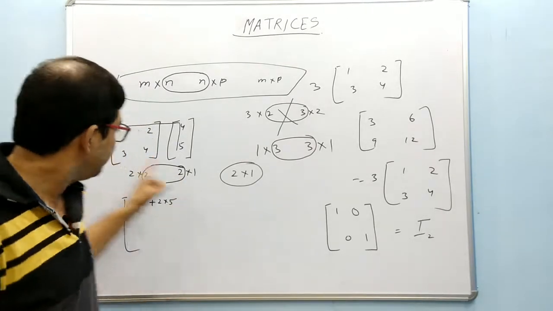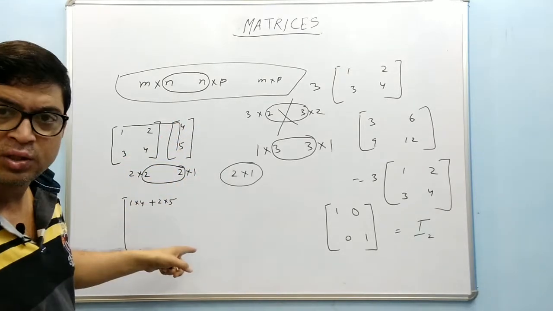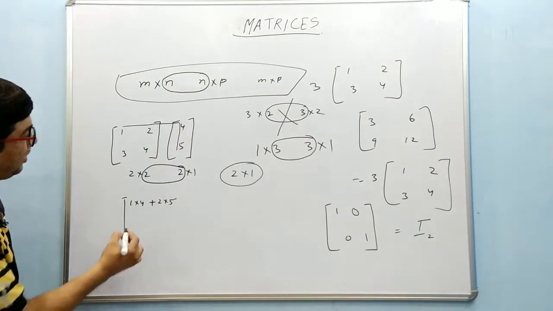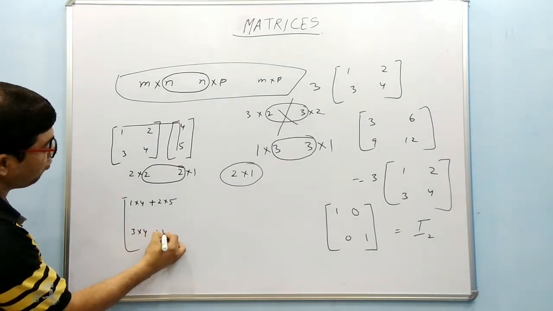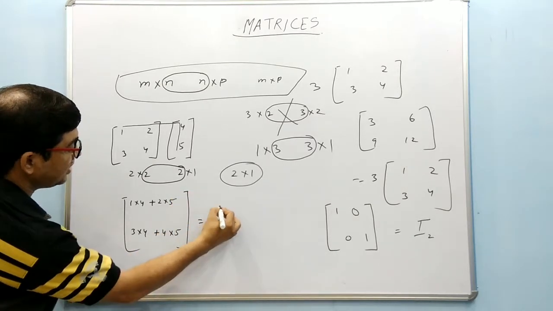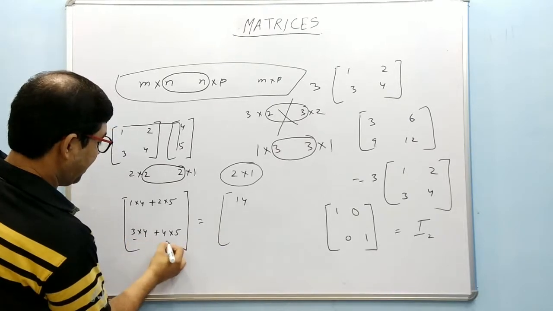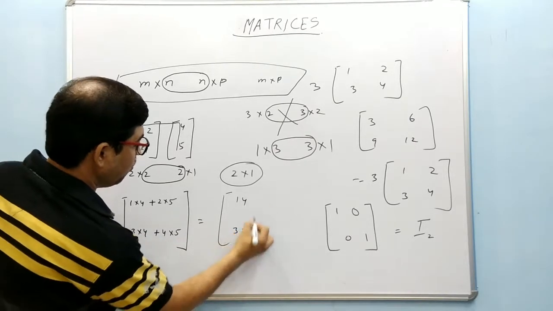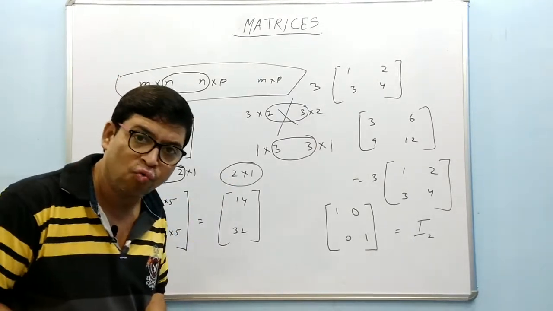Now the second row is multiplied to this column. So what will that be? 3 into 4 plus 4 into 5. So the result is 14, and this is 12 and 20, 32. See, the order of the resultant is 2 into 1.